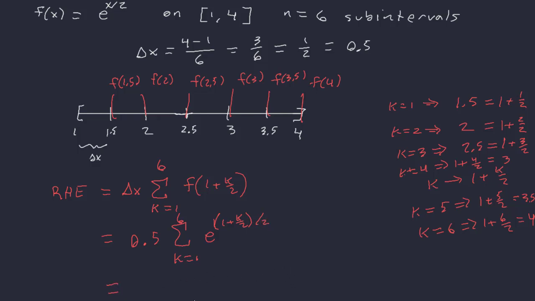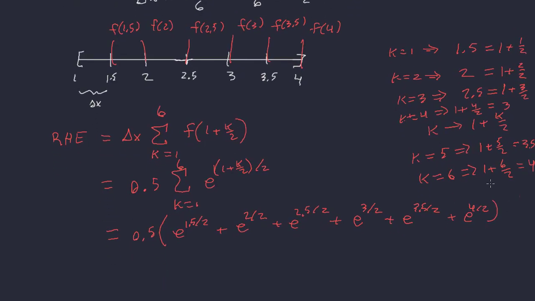Okay? Or you could just write out this sum as e to the 1.5 divided by 2 plus e to the 2 divided by 2 plus e to the 2.5 divided by 2 plus e to the 3 divided by 2 plus e to the 3.5 divided by 2 plus e to the 4 divided by 2.